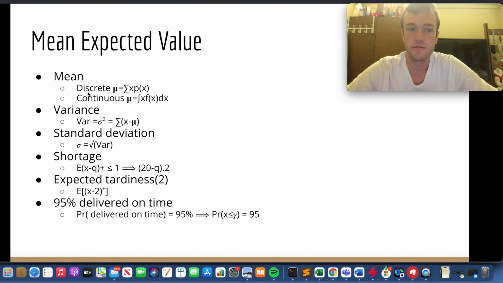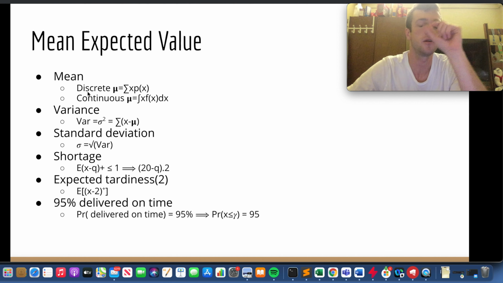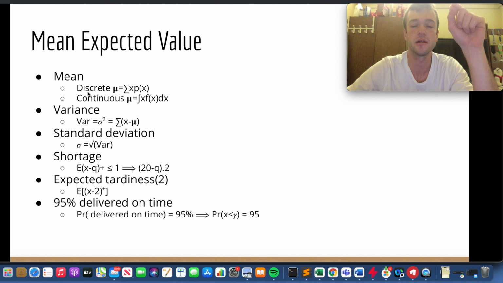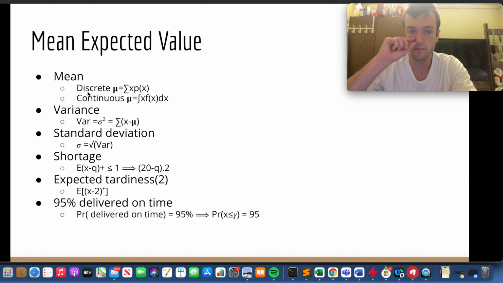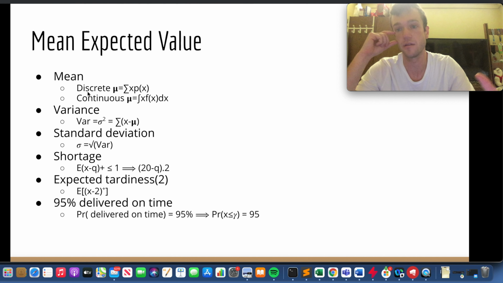Mean, or expected value. To get the mean, you multiply the probability of each value times the value and sum.